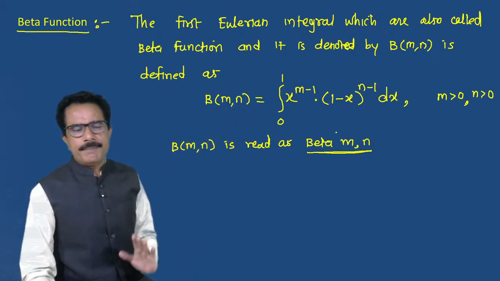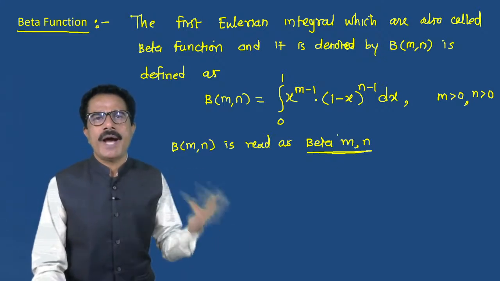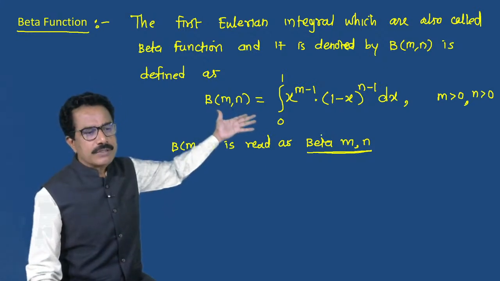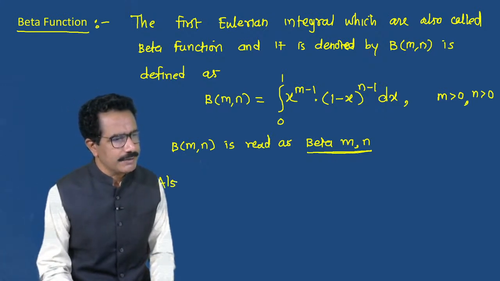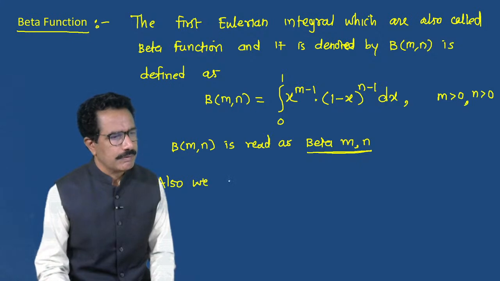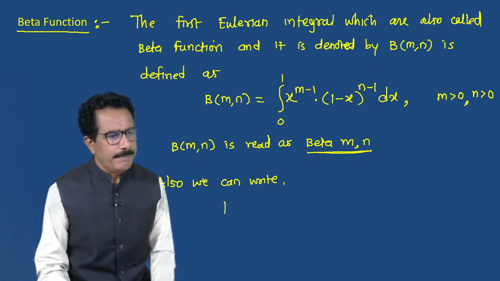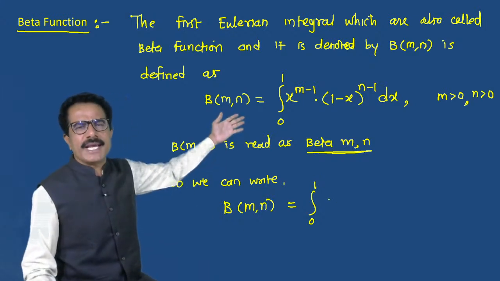We can define the beta function with respect to y, with respect to t, in a different variable form. Also we can write beta m comma n, which equals the integral from 0 to 1, we can write in terms of x.